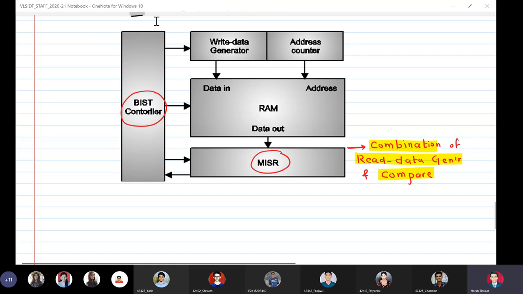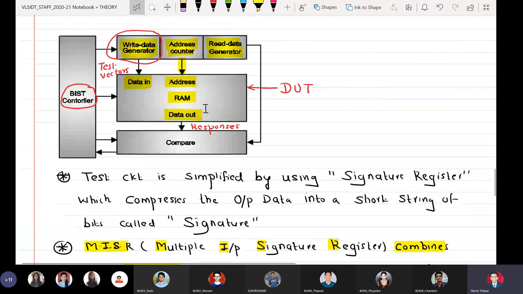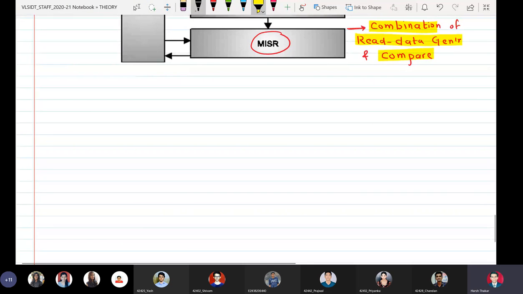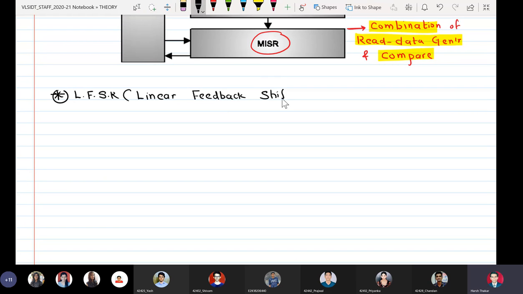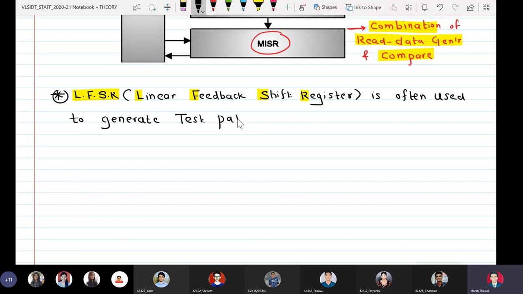Okay. Another important block in this is called LFSR, that is a linear feedback shift register, which is often used to generate test patterns, right?